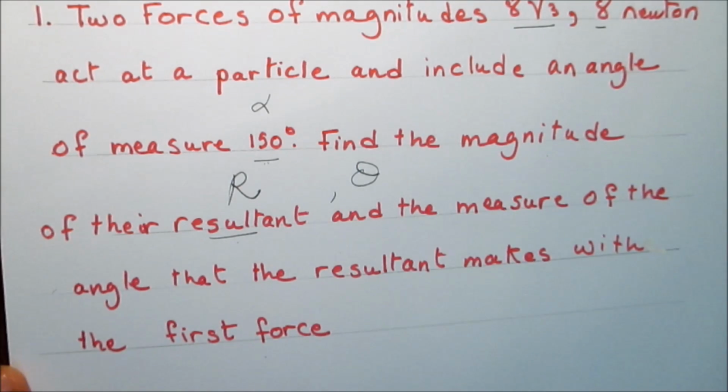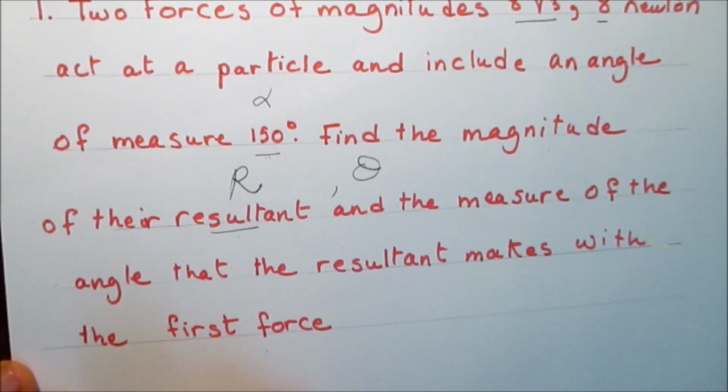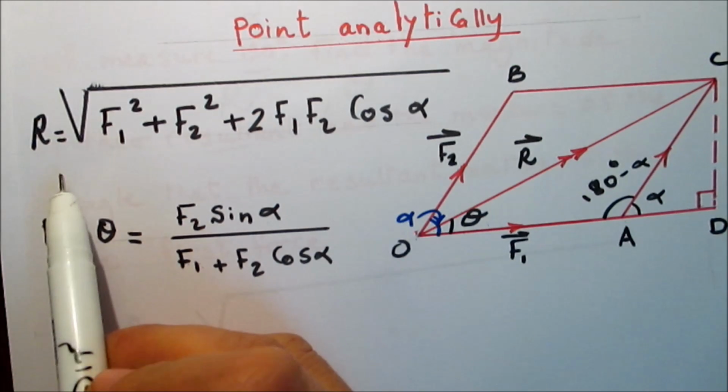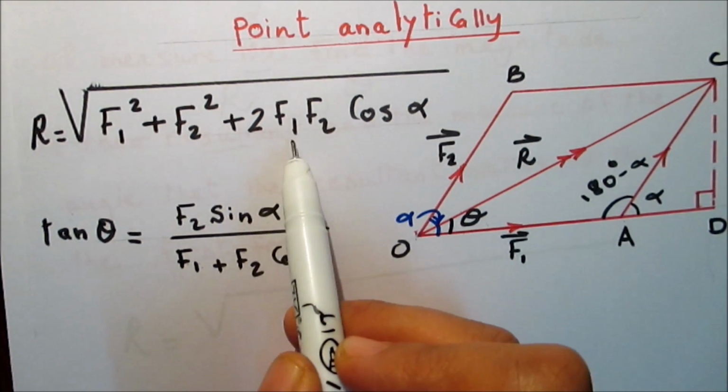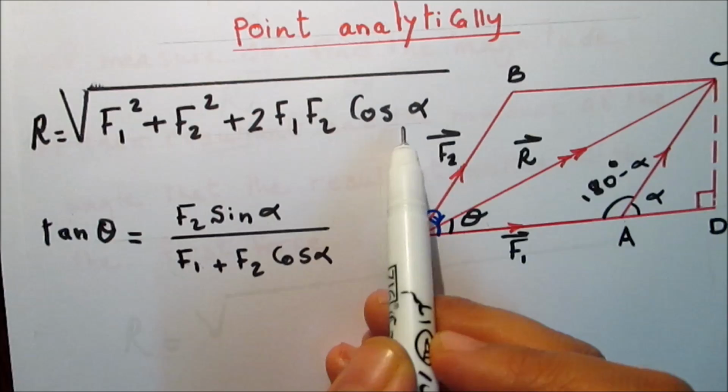From the previous rule, the magnitude of the resultant R equals the square root of F1 squared plus F2 squared plus 2F1 F2 cosine alpha.